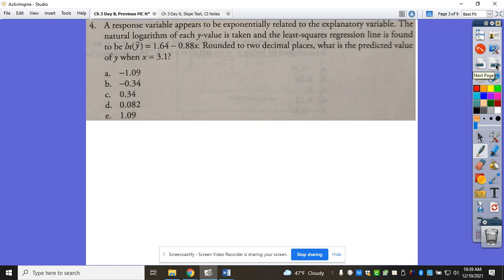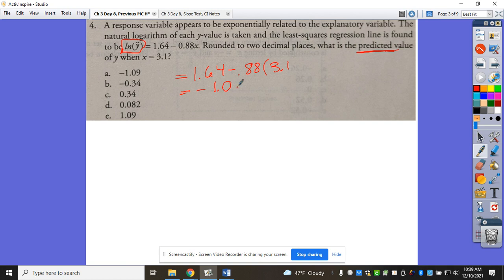Number 4, if it says this, I do what? Plug it in, but our equation is this, so at the end I'll have to do what? E to that, so 1.64 minus 0.88, 3.1, which gives me negative 1.08.